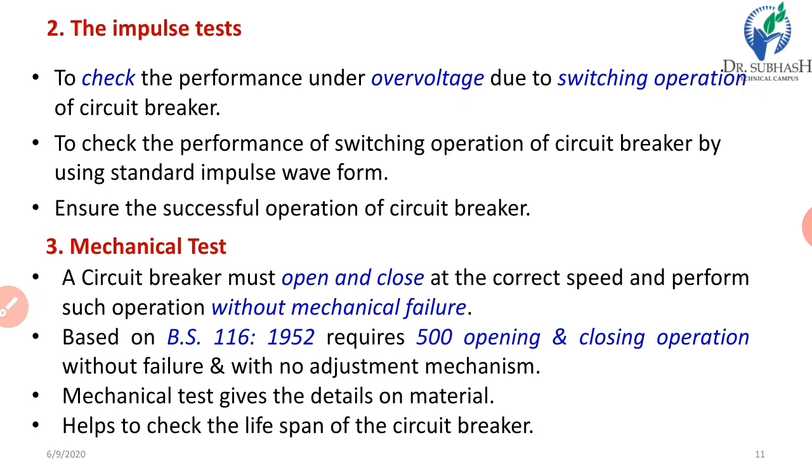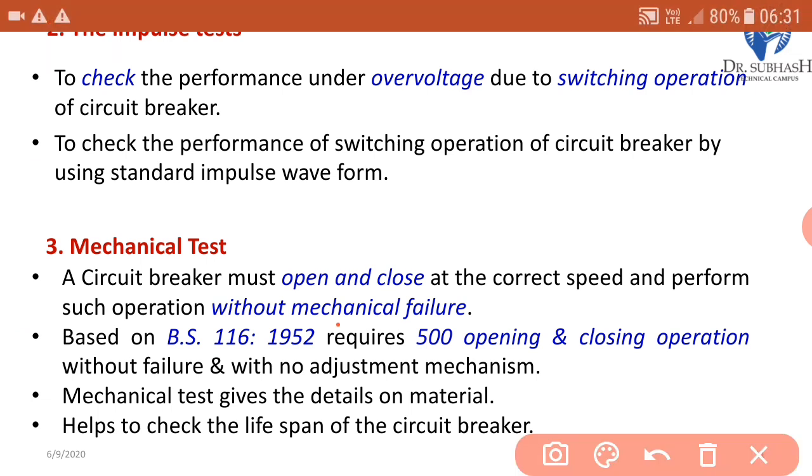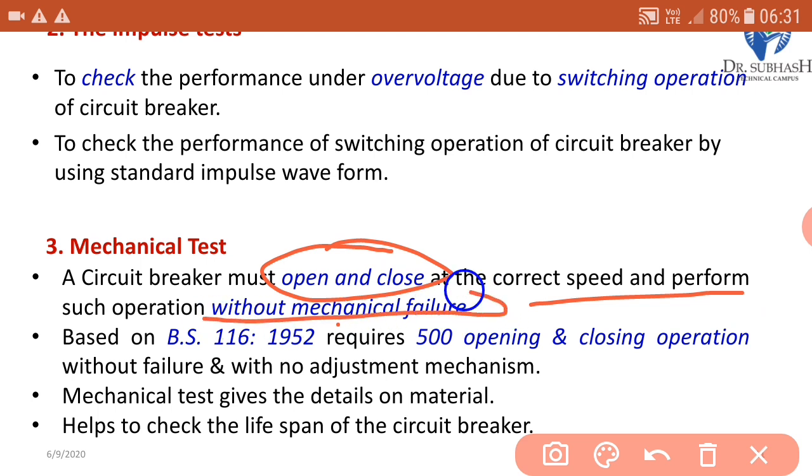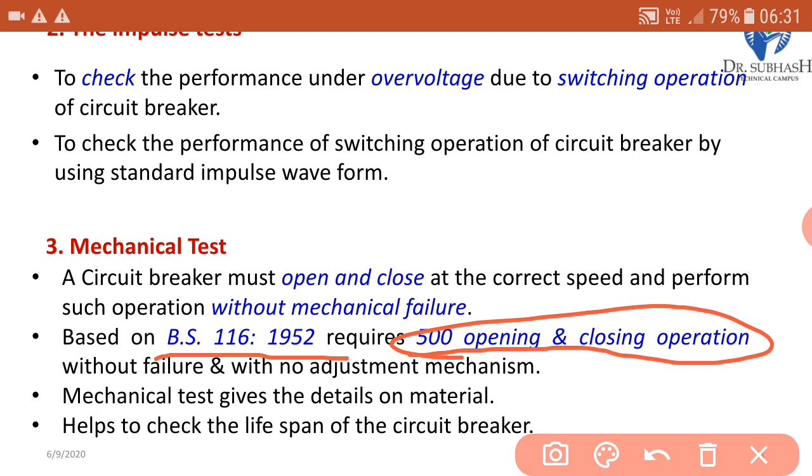Now, what is the mechanical test? A circuit breaker must open and close at the correct speed and perform such operation without mechanical failure. Based on the standard BS 116 of 1952, it requires 500 opening and closing operations without failure and with no adjustment of the mechanism.